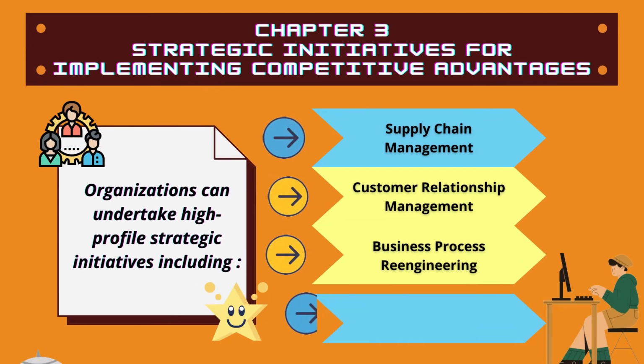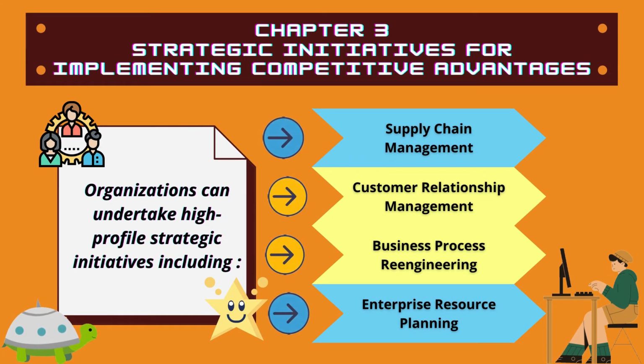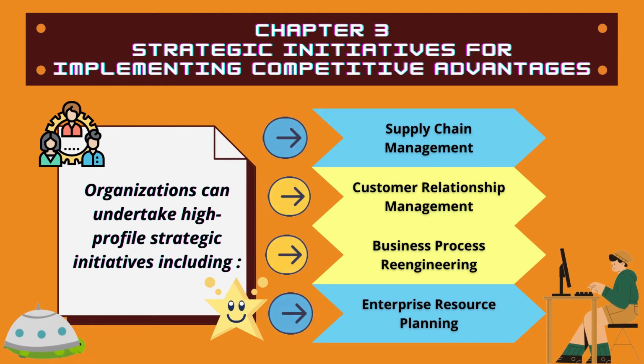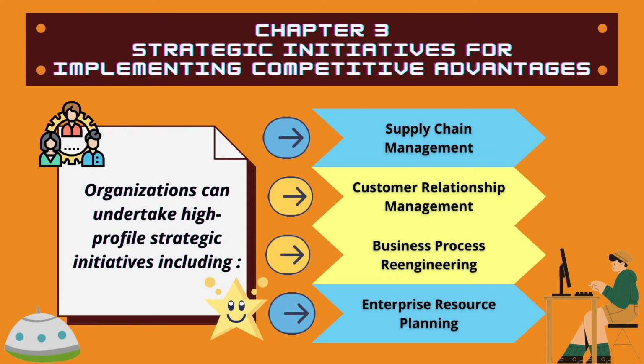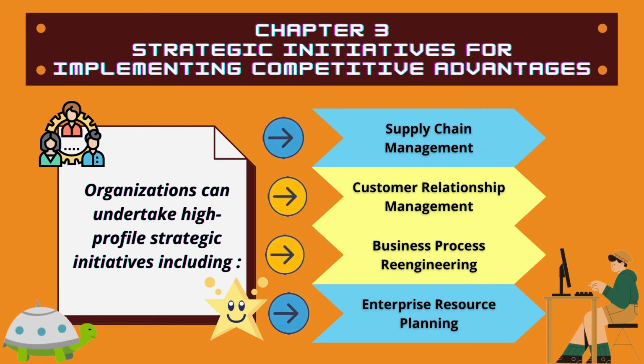Chapter 3, Strategic Initiatives for Implementing Competitive Advantages. Organizations can undertake high-profile strategic initiatives including supply chain management, customer relationship management, business process re-engineering, and enterprise resource planning.